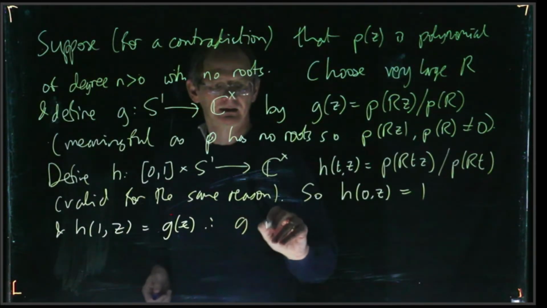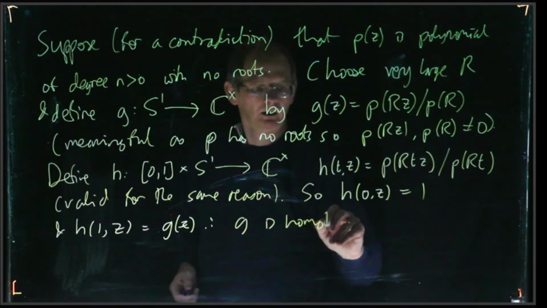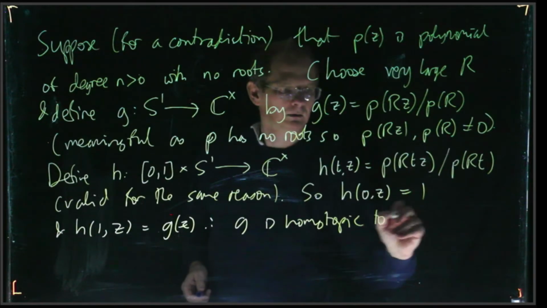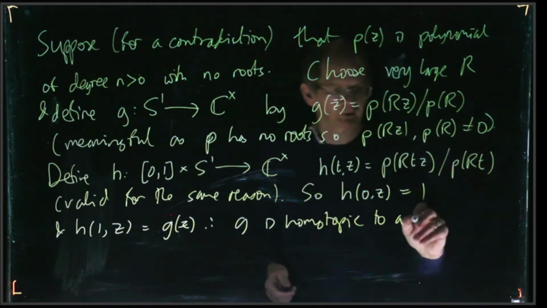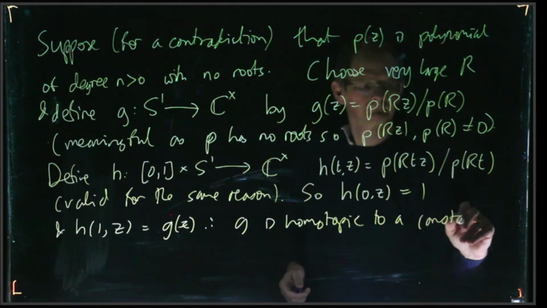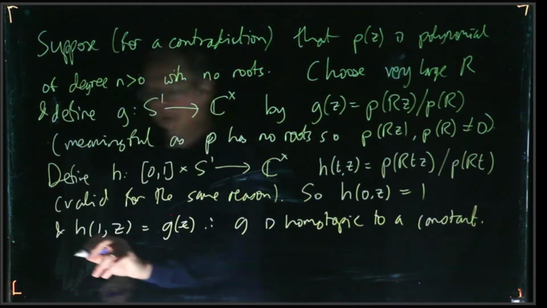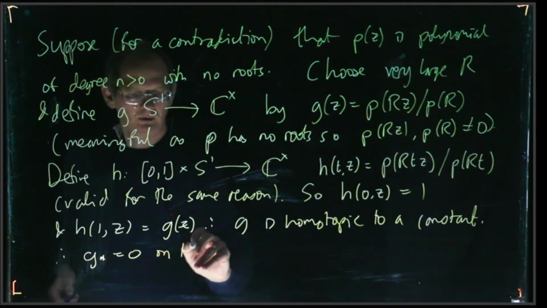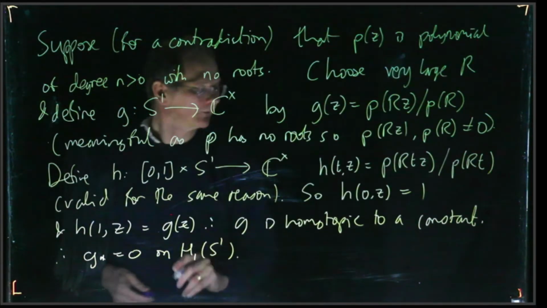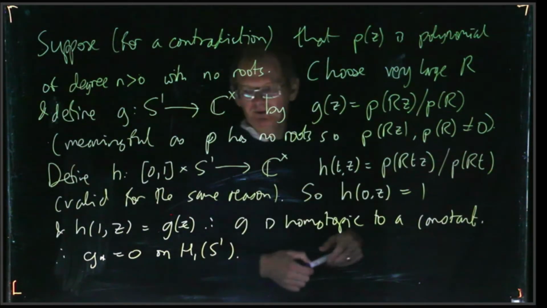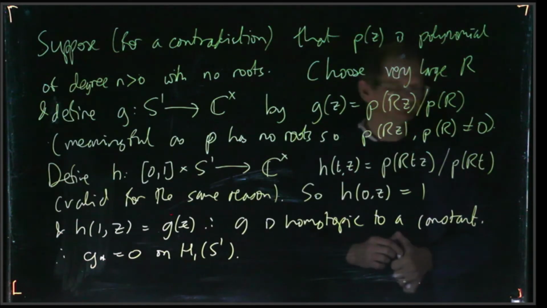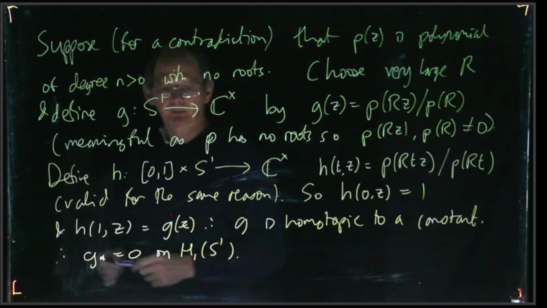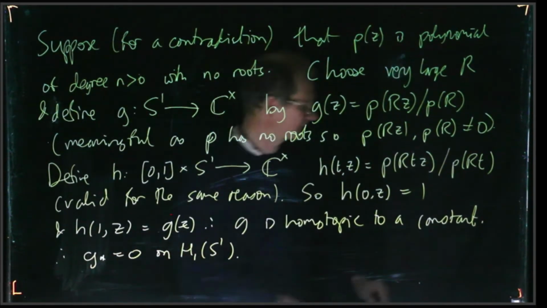Therefore, g is homotopic to a constant. That means that g star is going to be 0 on the homology of S^1. But that's going to contradict what we had before.